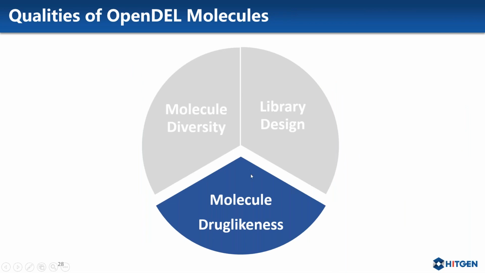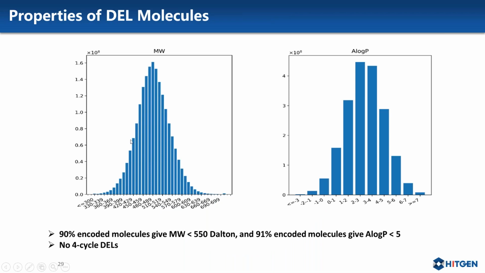And the last one is what we call molecule properties, because medicinal chemistry cares much more about whether the molecules in the libraries are drug-like. So we show the molecular weight distribution and ALogP distribution of all of the 2 billion compounds.